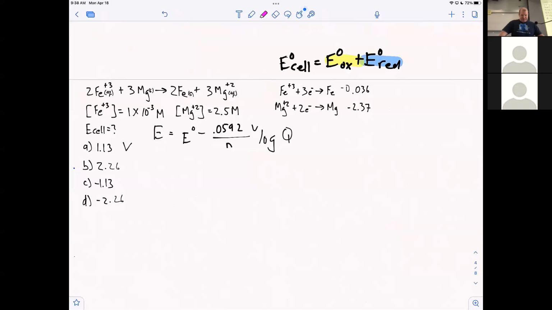And there are the standard reduction potentials for iron and for magnesium. So what is the non-standard voltage of the cell, still at 25 degrees Celsius, at these conditions?